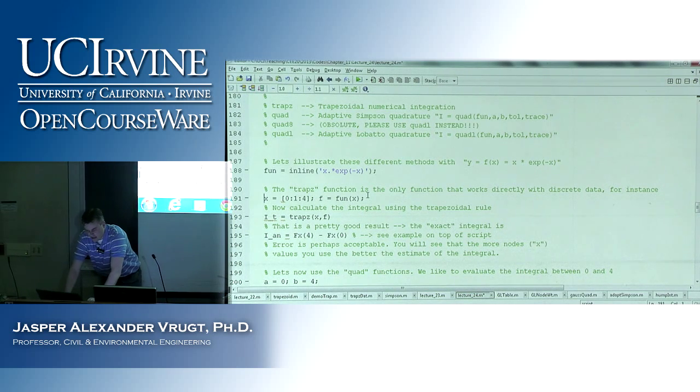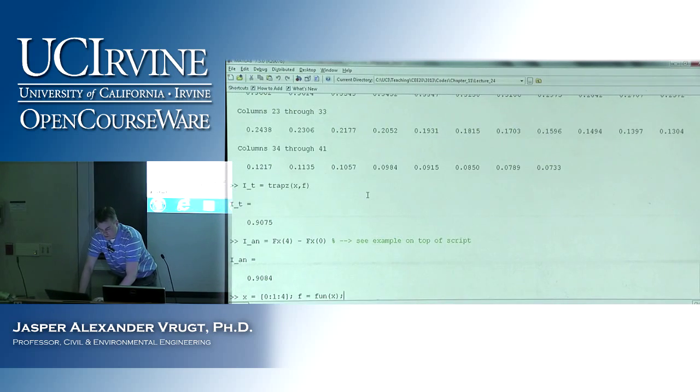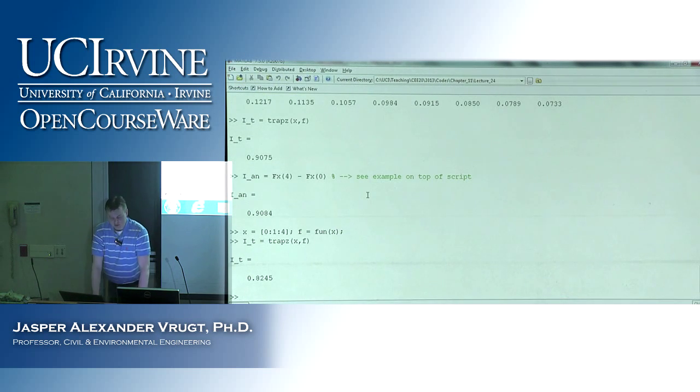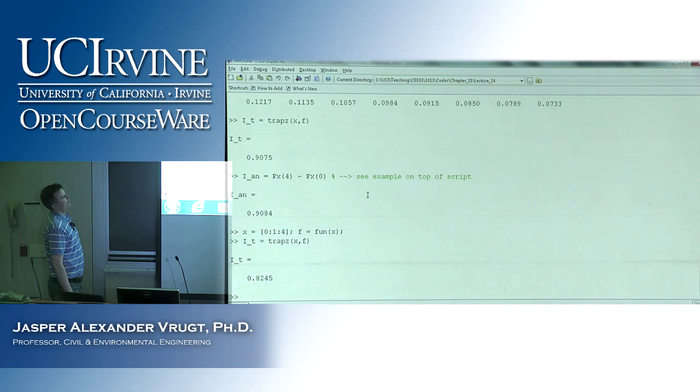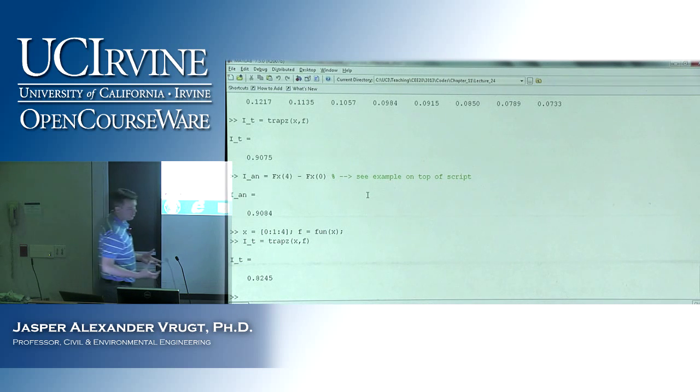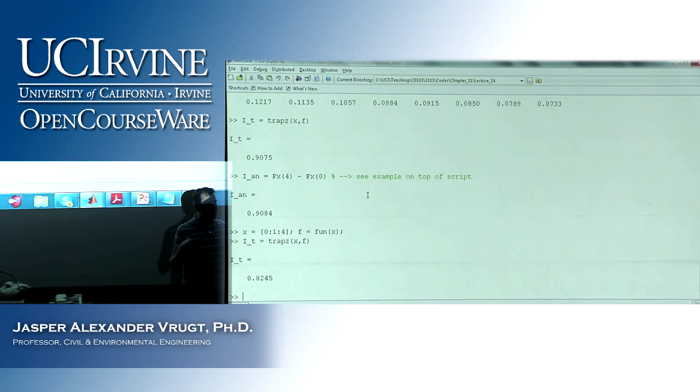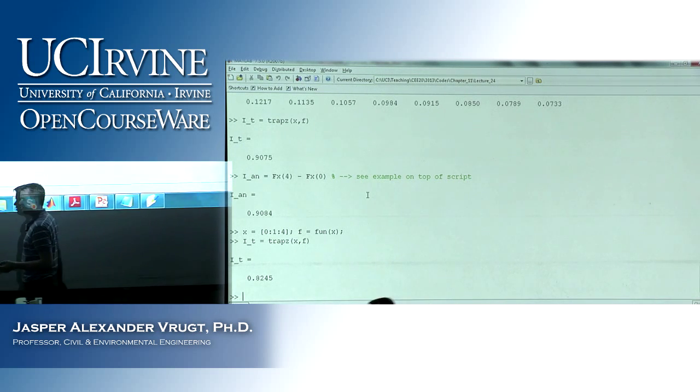If I use a step size of 1, we can redo this and calculate the integral. We are pretty far off. So again, the result with the trapezoidal integration rule is fine if you use enough x values.